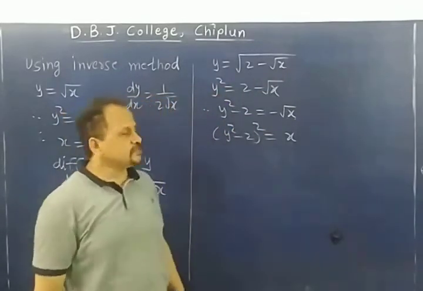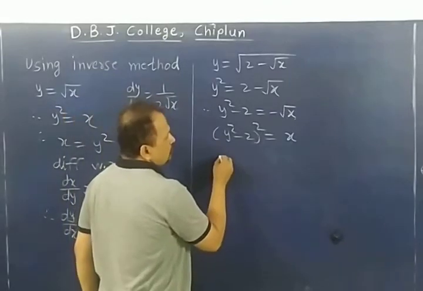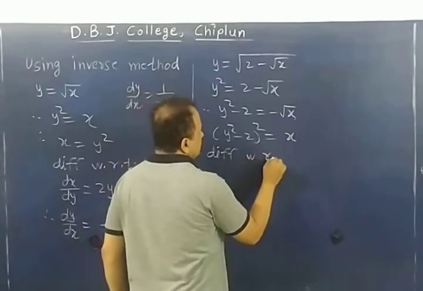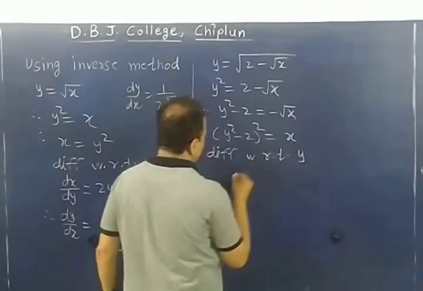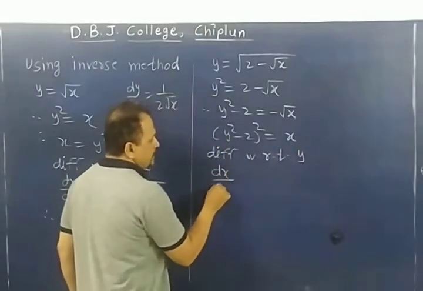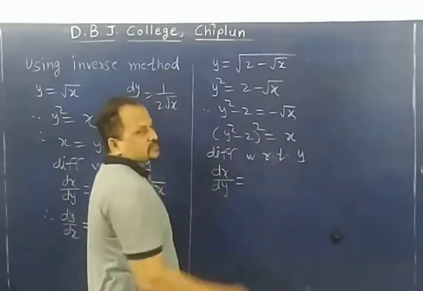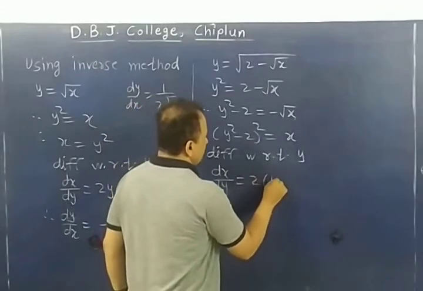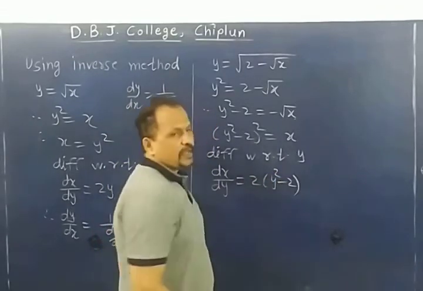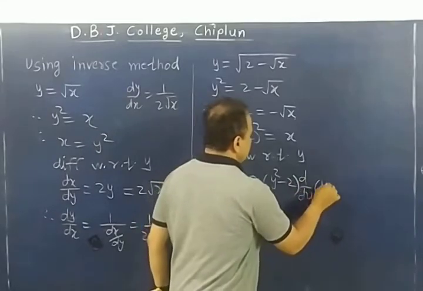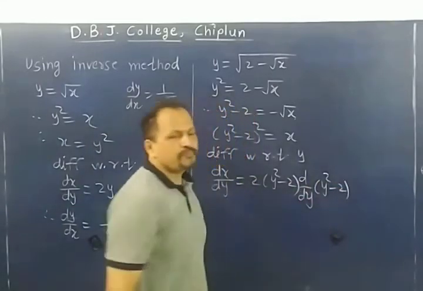Let us differentiate this with respect to y. Differentiating with respect to y, dx by dy is equal to, now derivative of bracket square is 2 times bracket into derivative of bracket with respect to y.